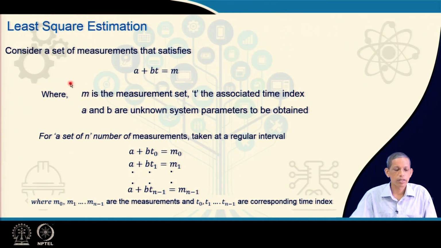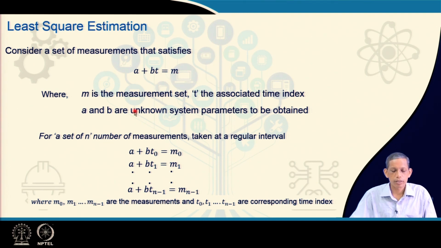Let us first understand what the least square estimation technique is before applying it to relay applications. We consider a set of measurements that satisfies A plus B t equals m, where t stands for the time index and m for the measurements.